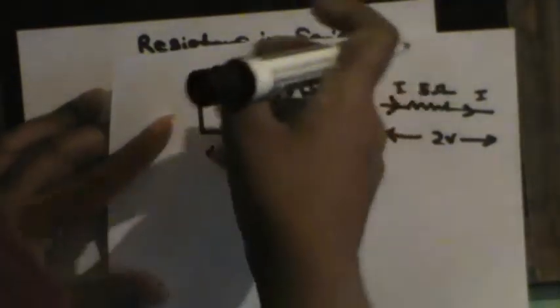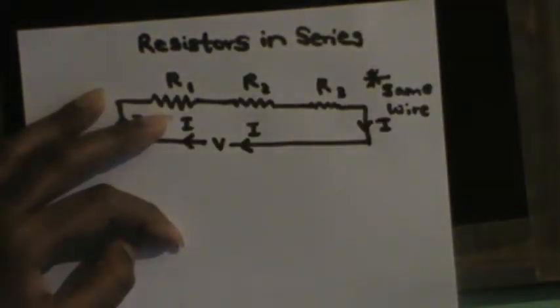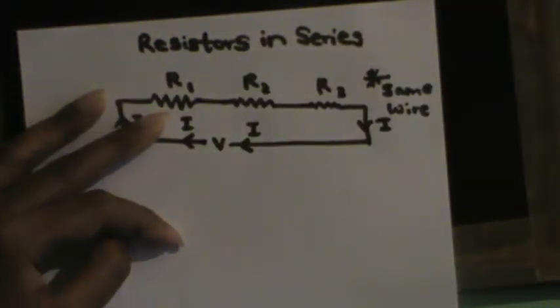Okay. So as I mentioned in the last video, there is a potential difference or voltage build-up due to a current flowing across a resistor. Now what actually happens when you are connecting 3 resistors is that there will be 3 potential differences.